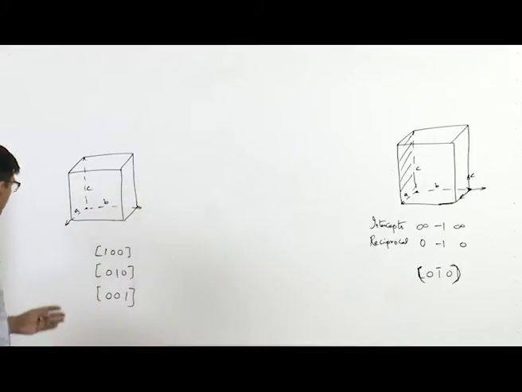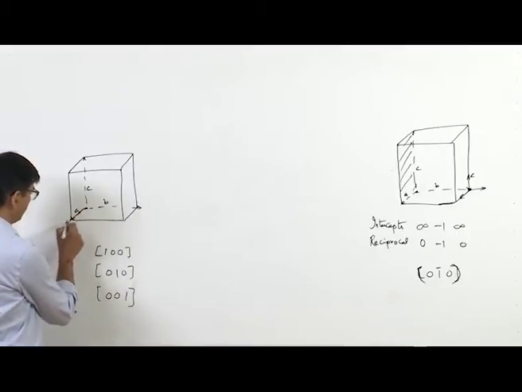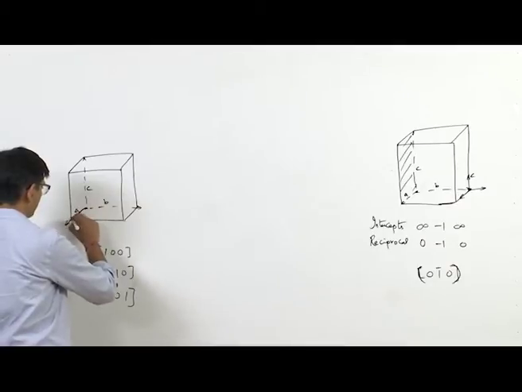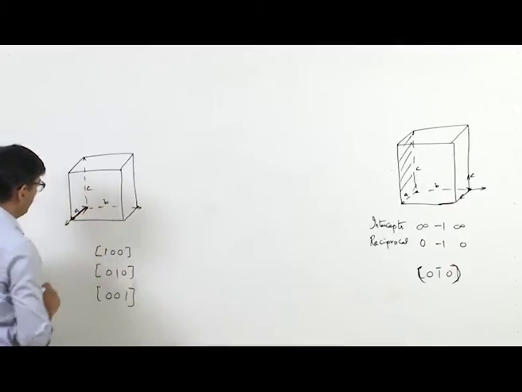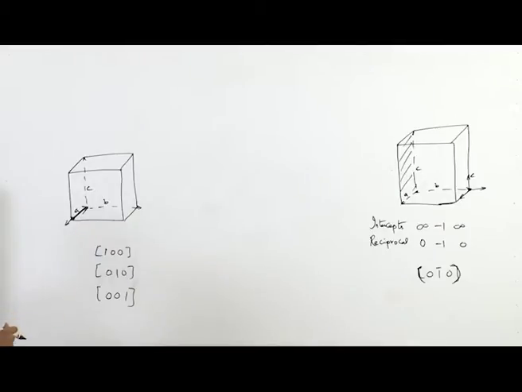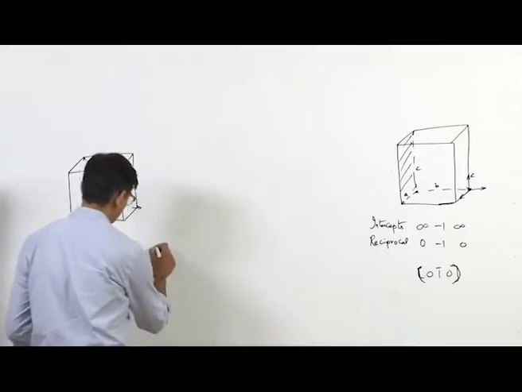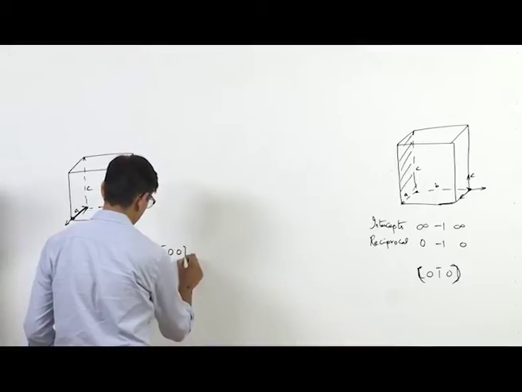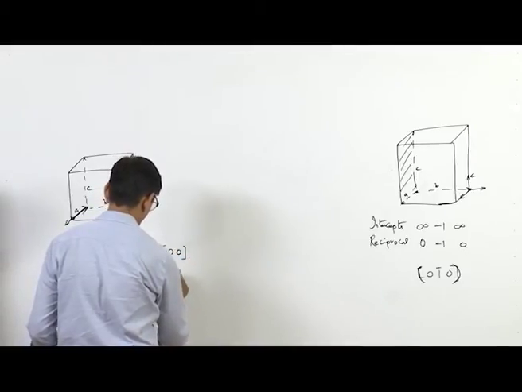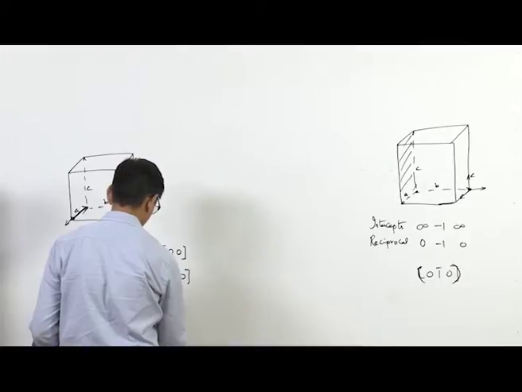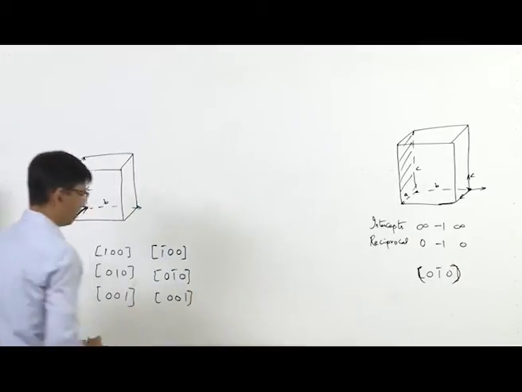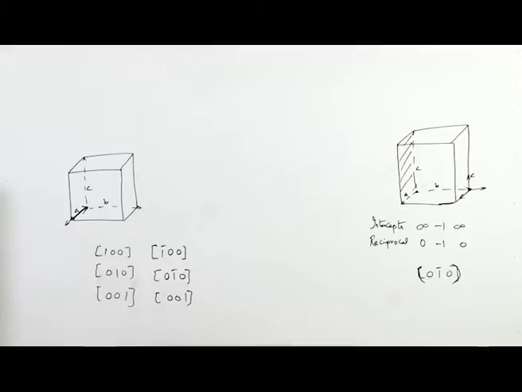Now, you can also have the negative of this. Suppose instead of going like this, I am going in the opposite direction, starting from here and ending here. So I am going in a negative direction, then this will be bar 1 0 0, 0 bar 1 0. In terms of length, these are all the same vector, they are part of the same family.